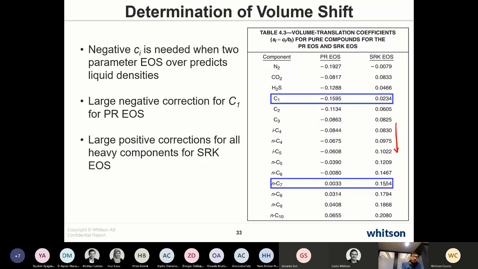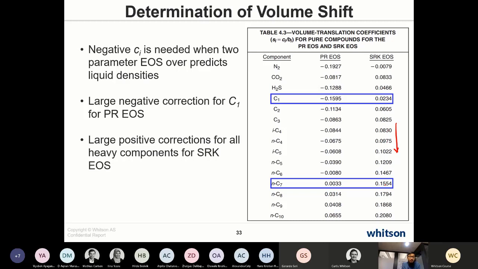And again, the reason is something that we went through yesterday: when the SRK equation of state model was developed, the aim was to get the vapor pressure. Their major aim was to get the liquid phase densities of the lighter components right, which were C1 to, for example, C3, C4.